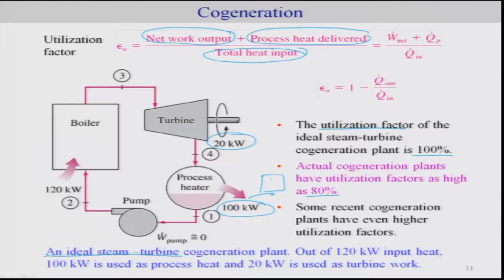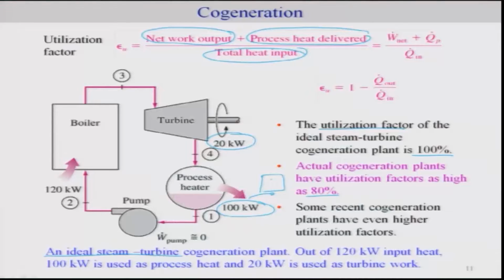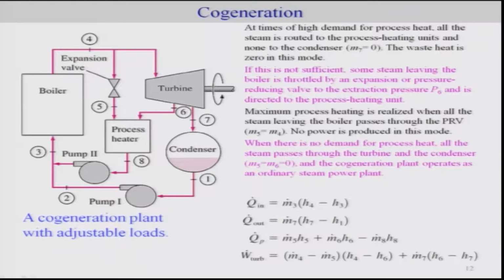The problem with this is that it is not very practical, because it cannot adjust to the load. Sometimes you may need process heat, sometimes you don't, sometimes you want to generate completely turbine work. So you need some adjustable load in between, so you can manipulate this to process heat depending on the requirement. It's more prudent to have a cogeneration plant with adjustable load, and this is an example.